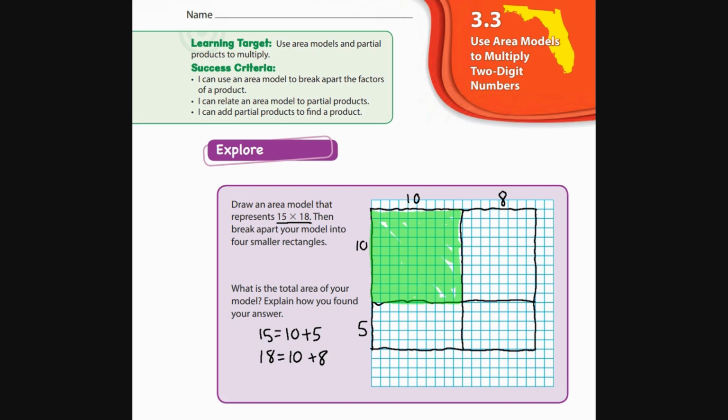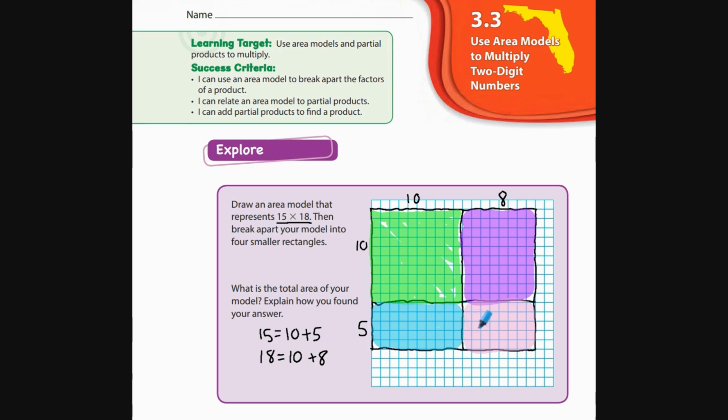After we do that one, we're going to do our second one. Then we're going to do our third area right here. And last but not least, we're going to do our fourth area right here.